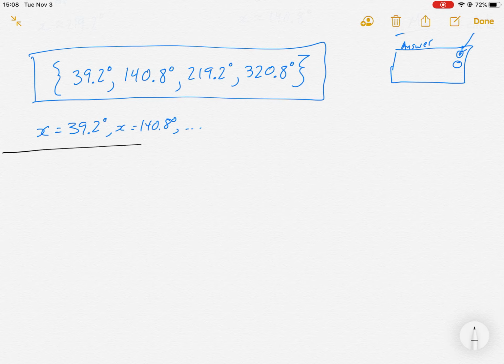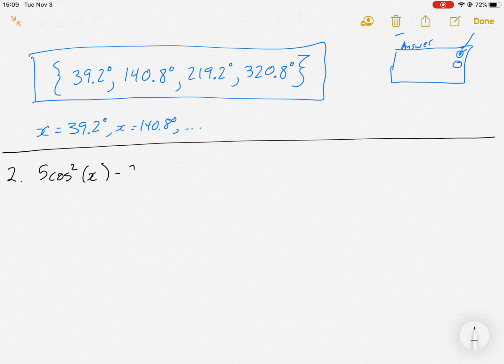So in that problem, we just had a tangent squared and there were no other trig functions. Let's say I have something like this: 5 cosine squared of x minus 2 cosine of x equals 0.